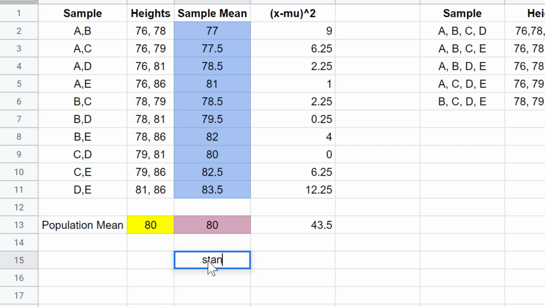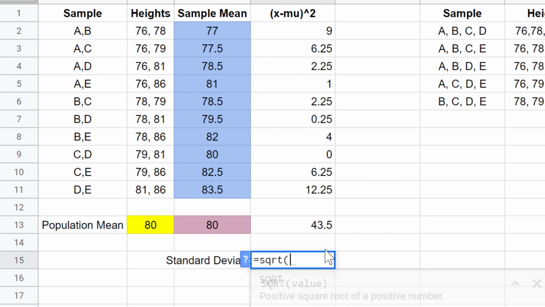One final step. So let me just give this a title here, standard deviation. This is going to be equal to the square root of the sum of all the x minus mu quantity squareds divided by our sample size, which happens to be 1, 2, 3, 4, 5.